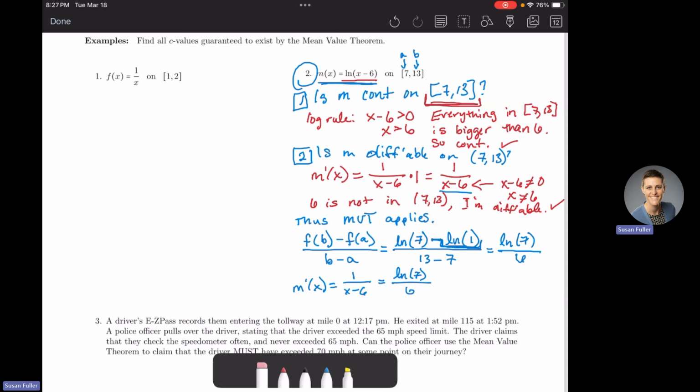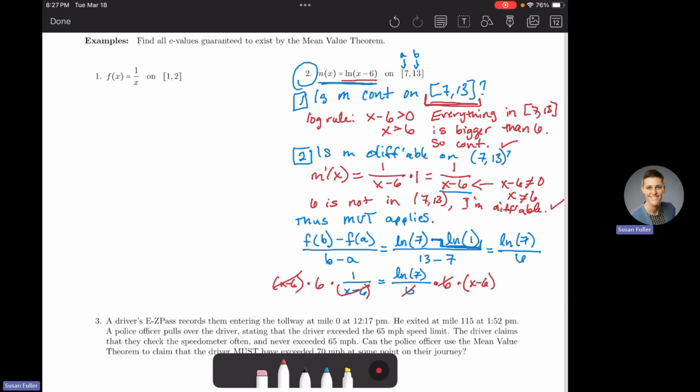So to solve this, I like to multiply both sides by both denominators. I'm going to multiply both sides by 6 to clear this fraction on the right. And I also want to clear the fraction here on the left. So I'm also going to multiply both sides of my equation by x minus 6.